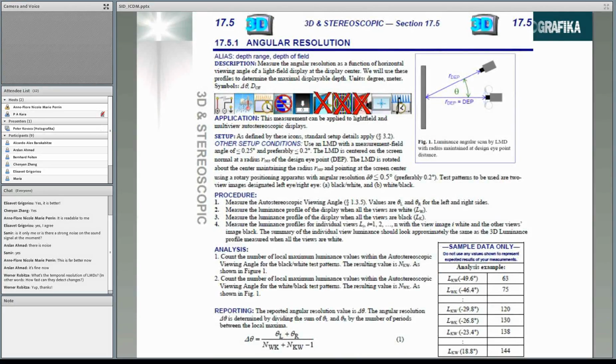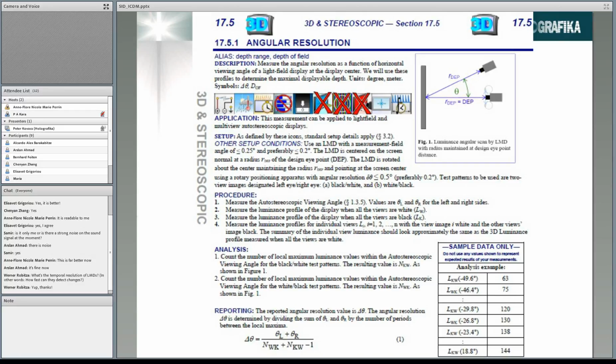Then here is one measurement which is quite interesting when considering different kinds of auto-stereoscopic 3D display technologies. Like in stereoscopic displays, you don't have anything like angular resolution, because there the left and right images are separated with glasses. But when you are considering auto-stereoscopic displays, then the viewer could be interested in how fine the change is between the different viewing angles when moving in front of the screen.